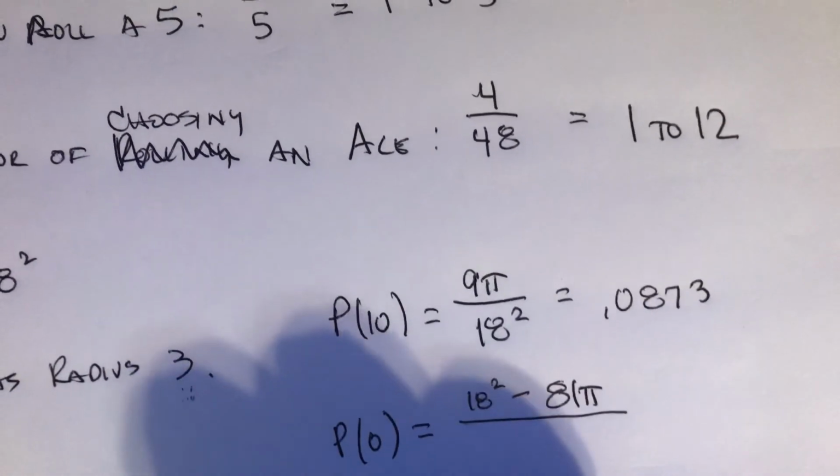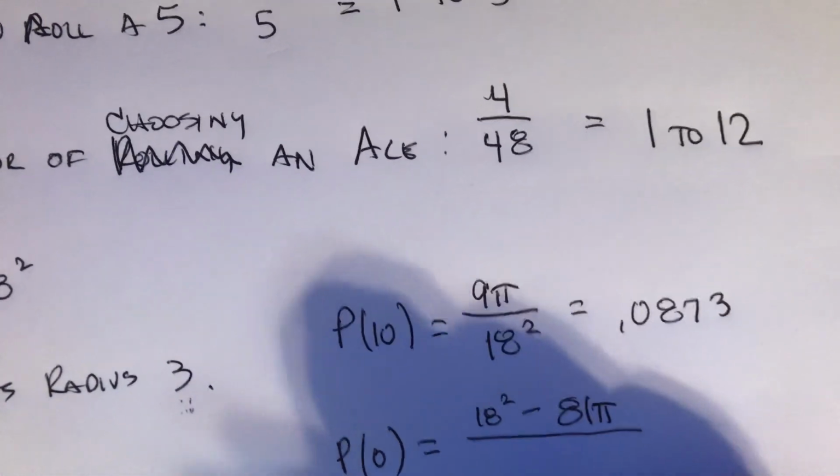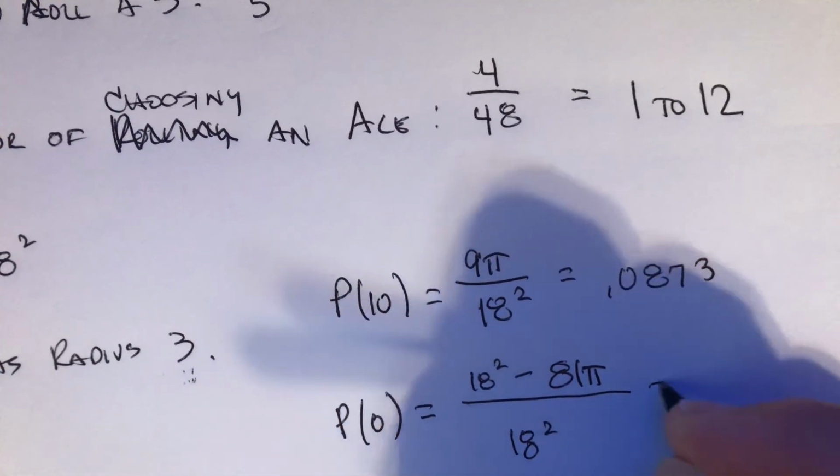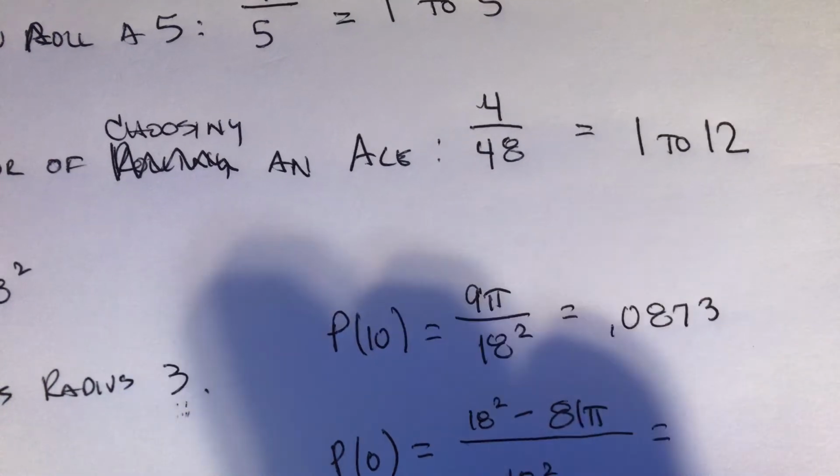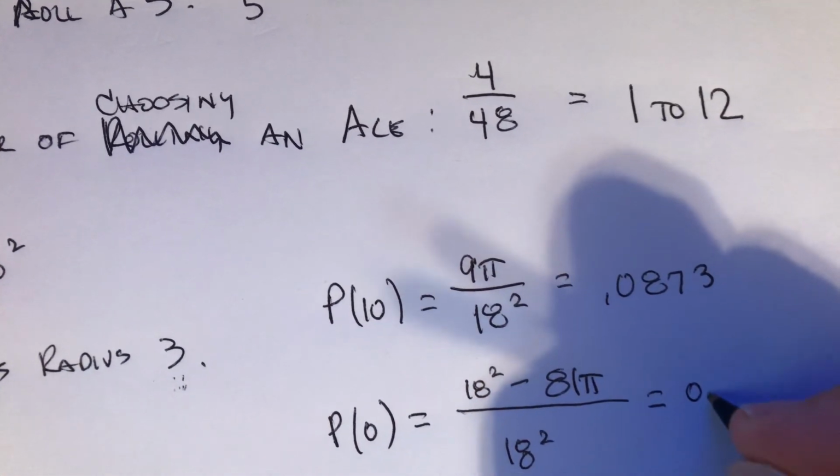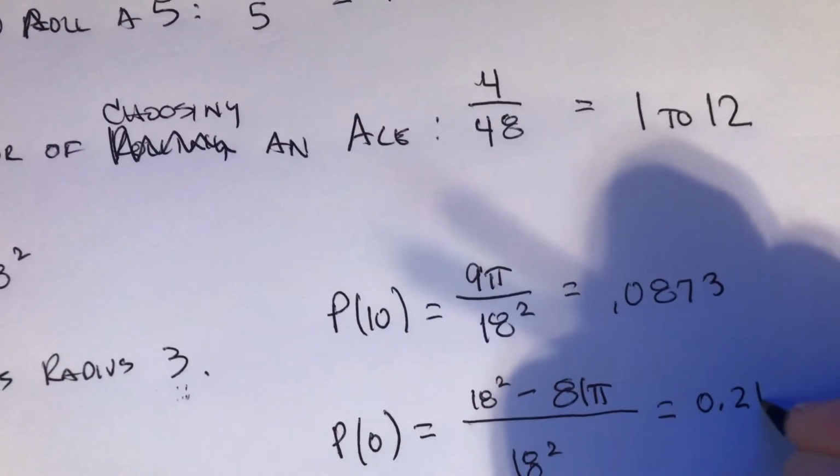And then we divide that by the area of the entire square. Use your calculator to calculate this. You would get 0.215.